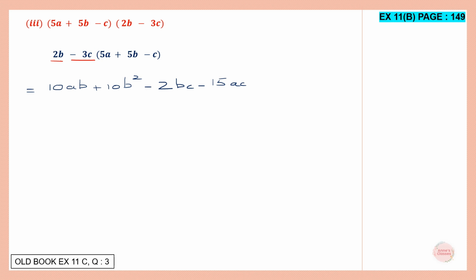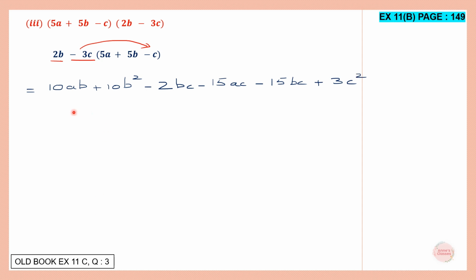Next we'll multiply minus 3c into plus 5b. The sign is minus. Number 3 5s are 15. c into b is cb or bc. Again, I've just put it in alphabetical order. Now let's multiply minus 3c into minus c. Minus into minus is plus. The number is 3, c into c is c square.